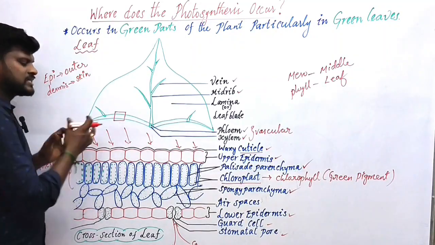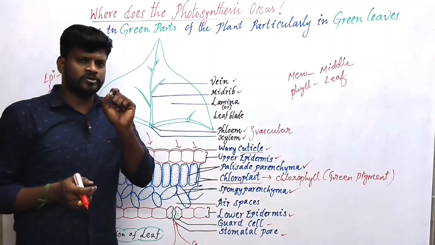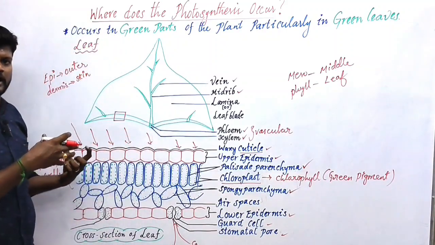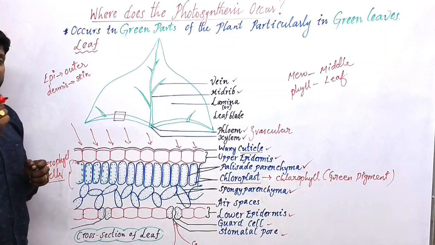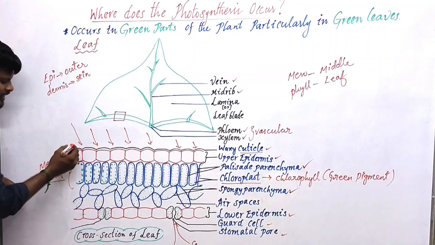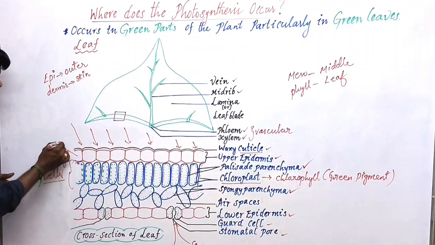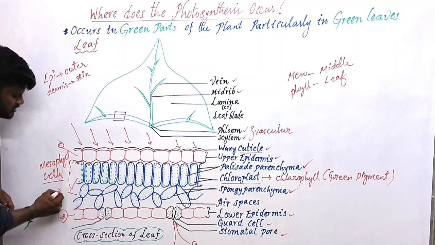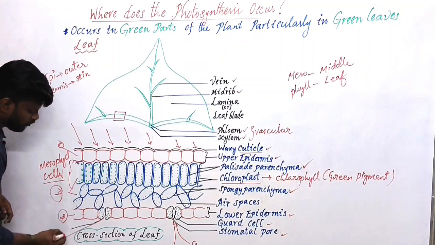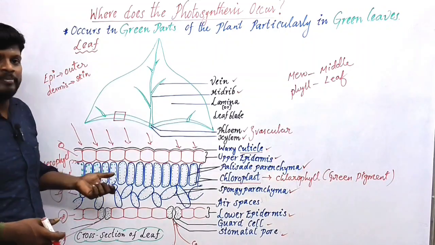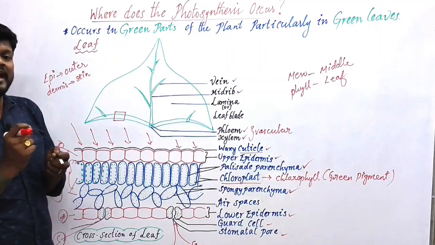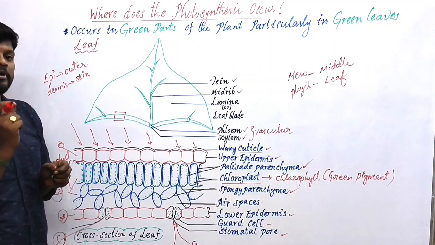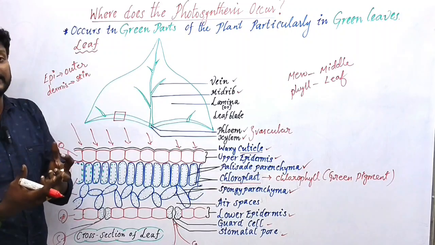See, based on this diagram, there is a very important one-mark question, right? In the MCQ, they will give this diagram as a printed picture, and they will ask a question, or they will label a few parts. Say for example, upper epidermis 1, lower epidermis 2, mesophyll cells 3, guard cells 4. So they will ask an MCQ based on this diagram: where does photosynthesis occur among the labeled parts in the cross section of a leaf?